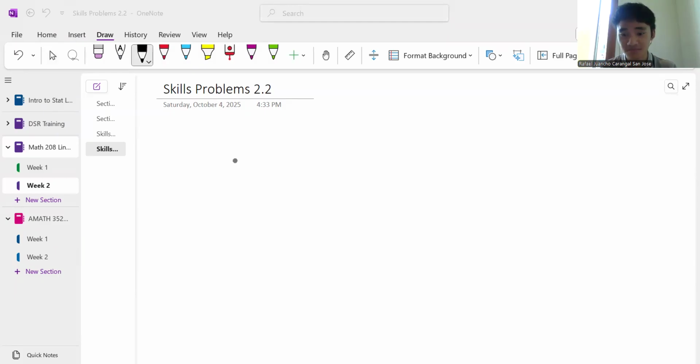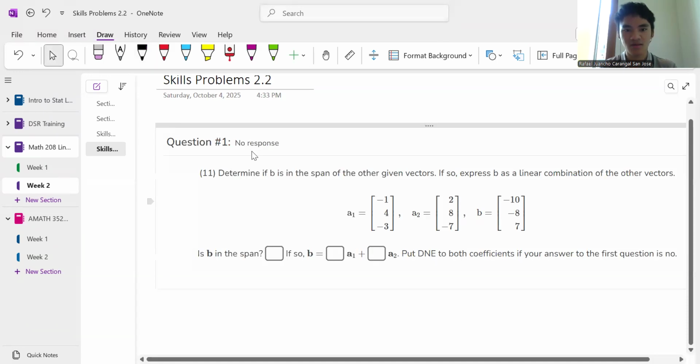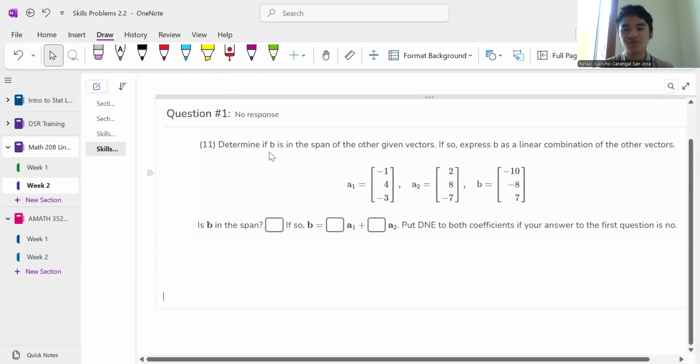Okay, right. So let me use my snipping tool, get the question. Right. So here it says that we want to determine if b, so b is a vector in this case, right?